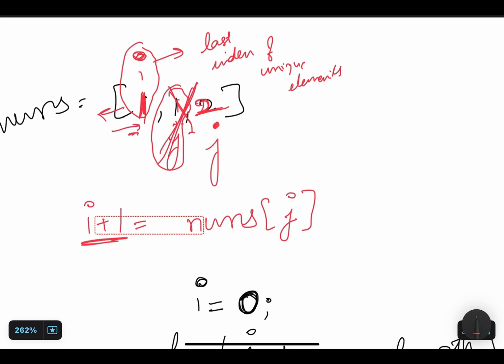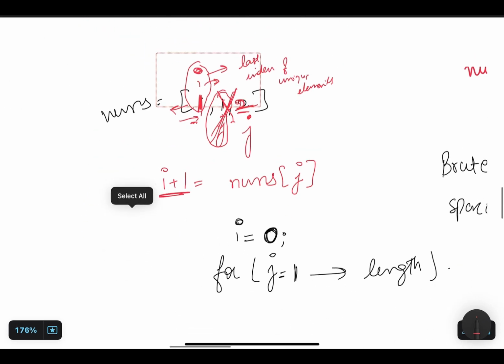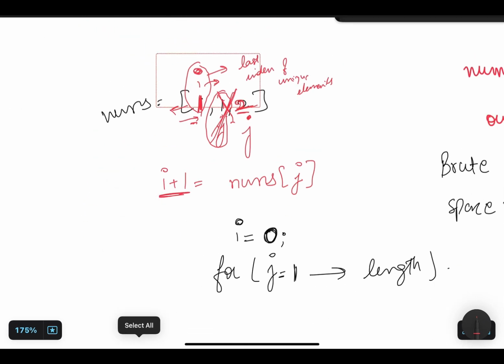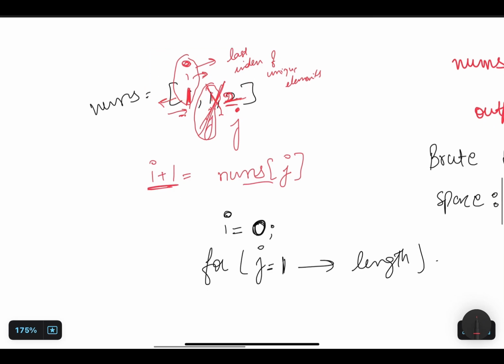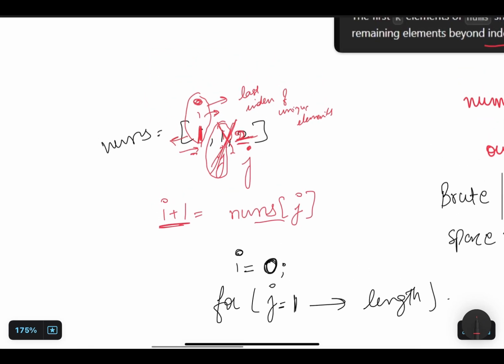Now we find another unique element like this 2. So we will place it at one index after this i. So here I have done that, we placed nums at j at the i plus 1 index. After placing we will increment i by 1.